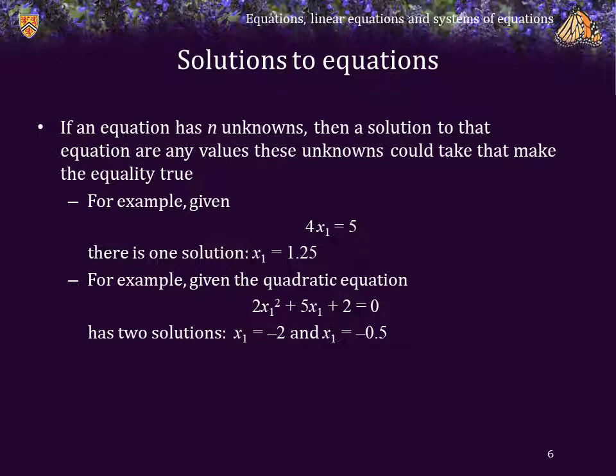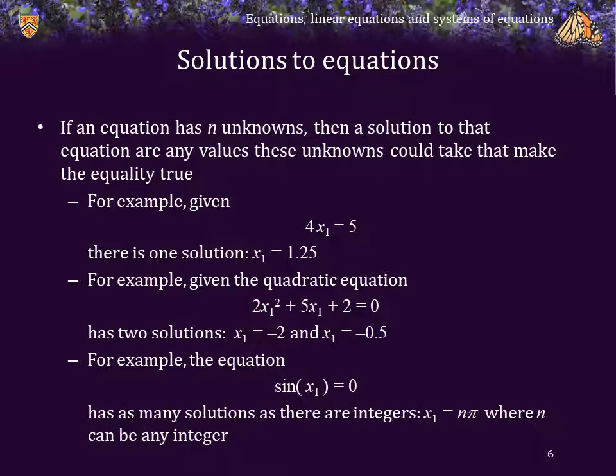The first being x1 is equal to negative 2, and the second being x1 is equal to negative 0.5. The equation sine of x1 is equal to 0 has infinitely many solutions, that is, as many solutions as there are integers. So x1 is equal to n times pi, where n is any integer, is a solution to this equation.